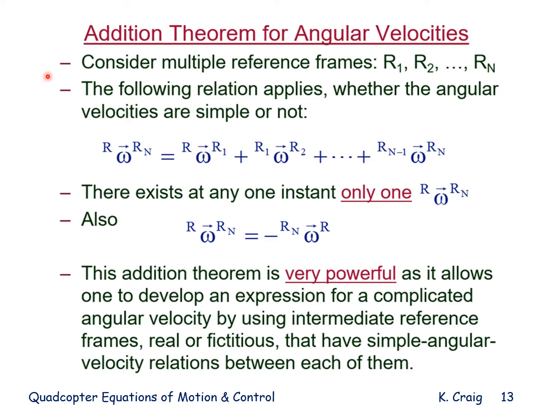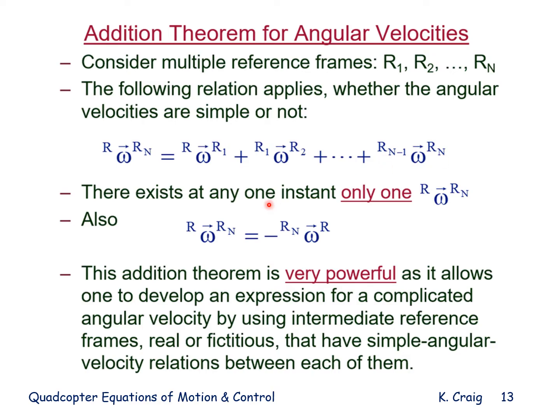Consider multiple reference frames, R1, R2, through R sub n. The following relation applies, whether the angular velocities are simple or not. The angular velocity of R sub n in R equals the angular velocity of R1 in R plus the angular velocity of R2 in R1 plus dot dot dot plus the angular velocity of R sub n in R sub n minus 1.